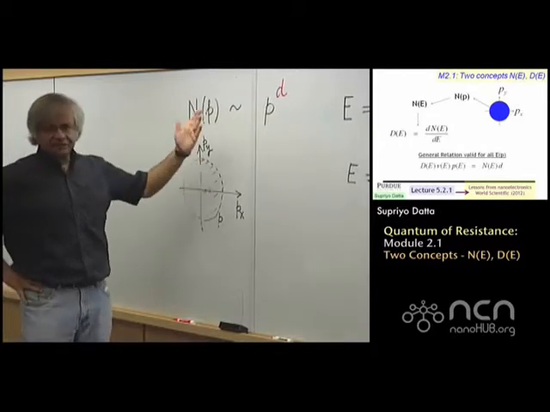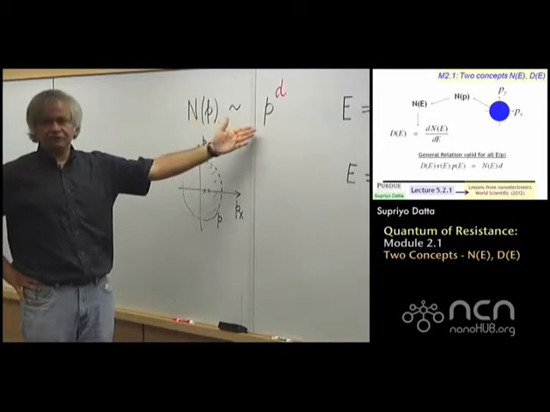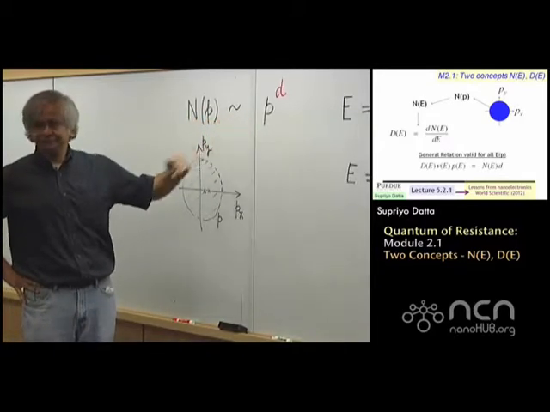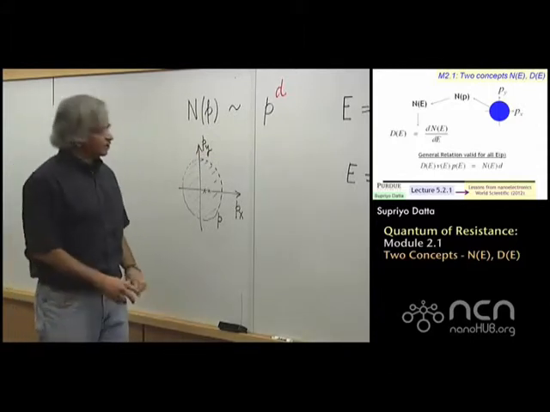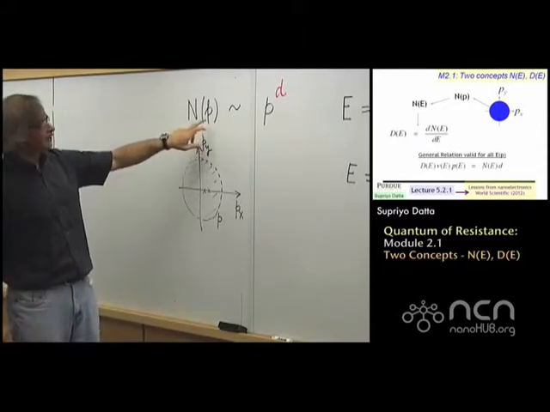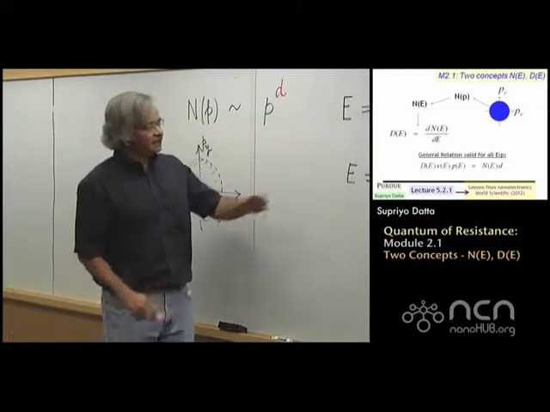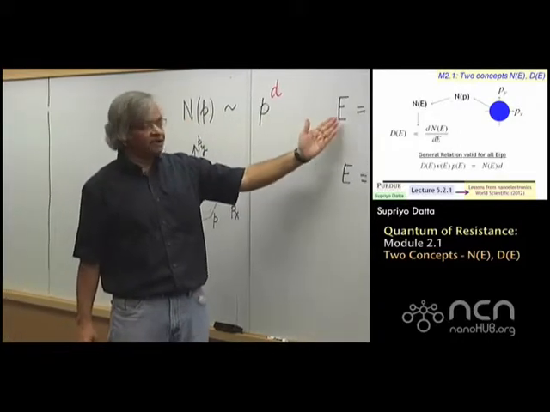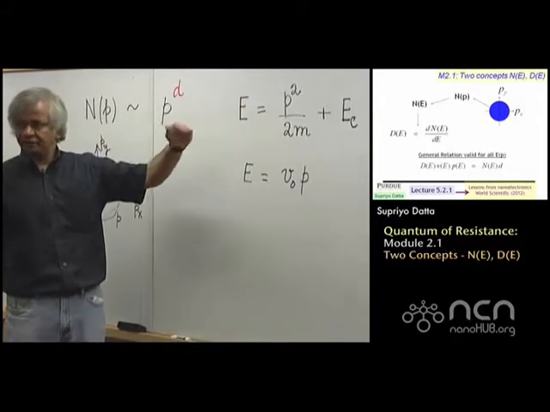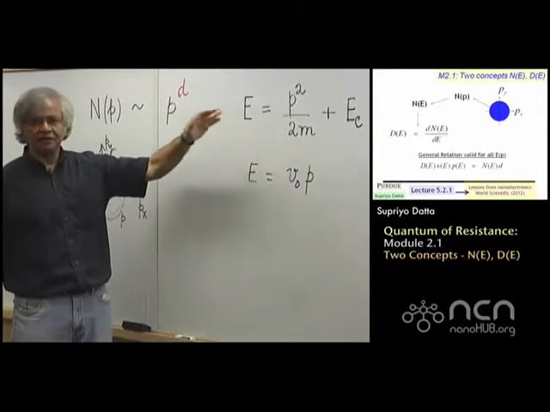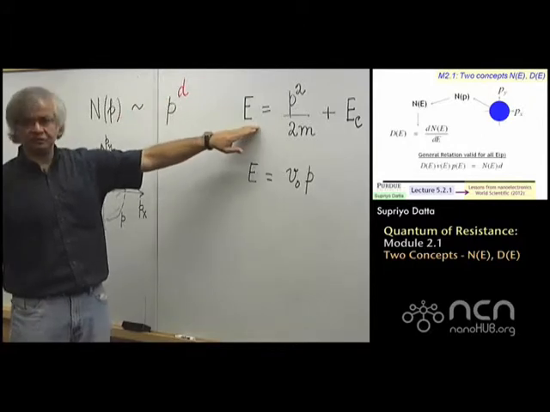Now, let's just talk about, even if we had this, what would we do with it? Well, the procedure is that we have N of P. The next step is we know the energy momentum relation from somewhere. So if it's graphene, it's this one. If it's silicon, it looks like this.